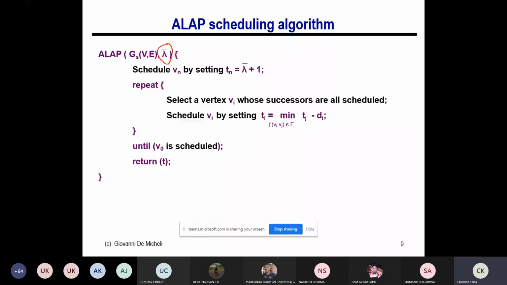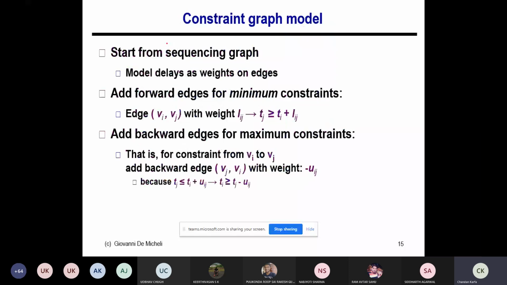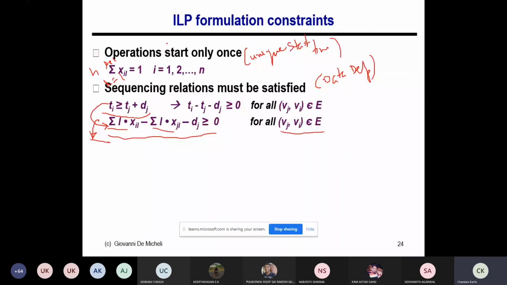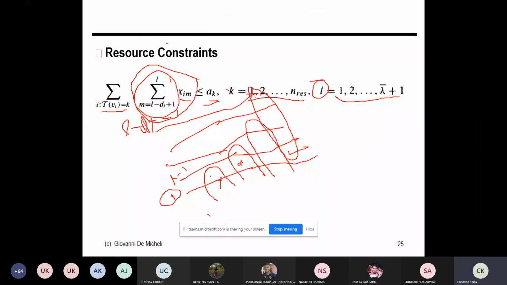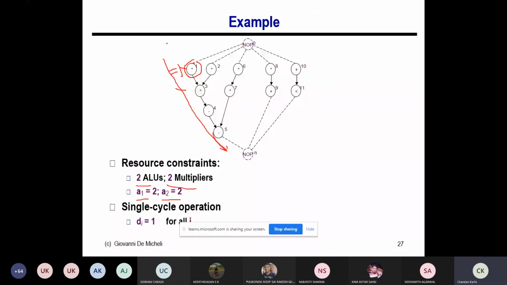The approach that we should follow in this resource constraint formulation is that we usually take the minimum possible latency that the ASAP solution gives us, and then run ALAP with that to identify the mobility of the operations. But that minimum timestamp may not be possible with the resource availability. For example, in this graph, this operation can move here, this operation can move here, but at least I need two multipliers.